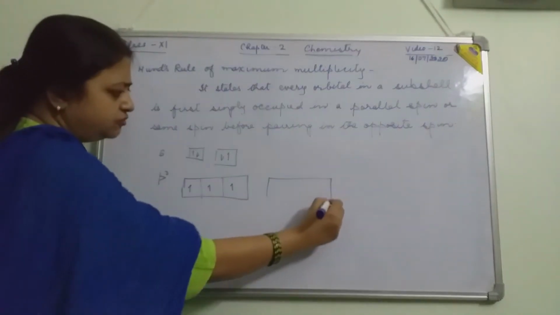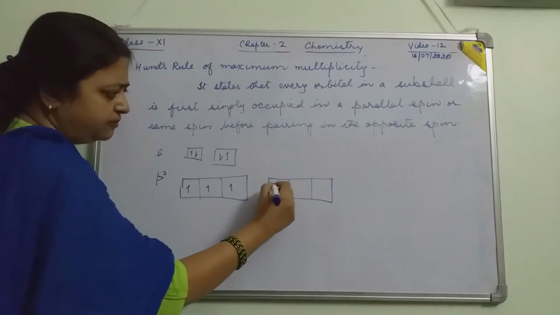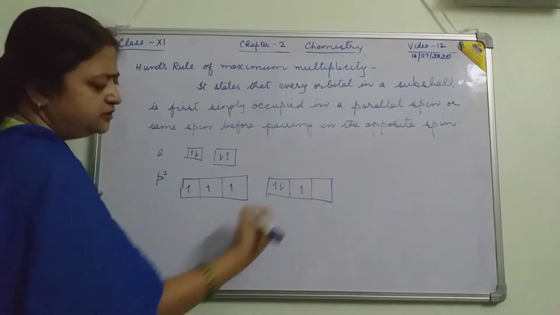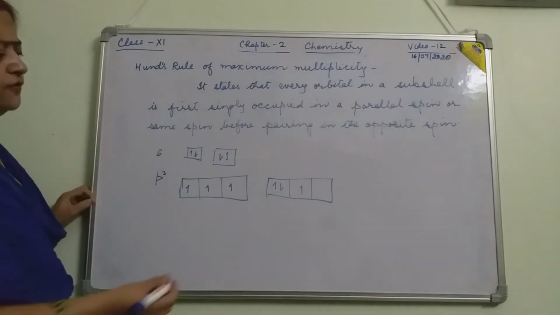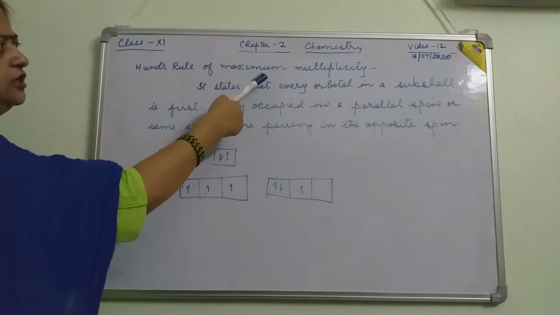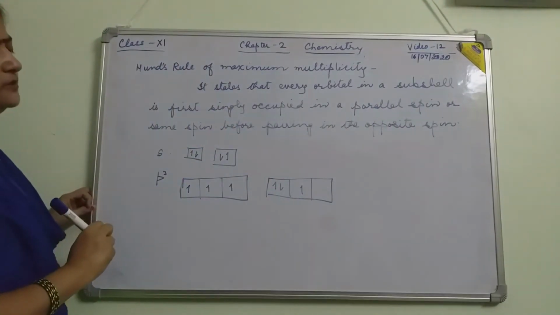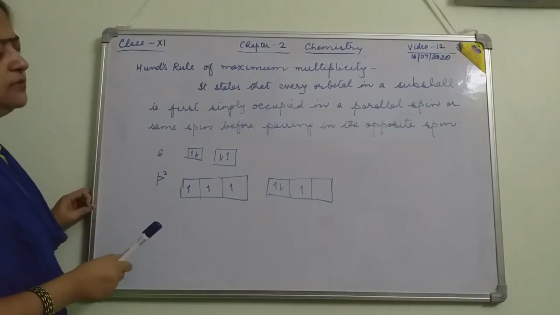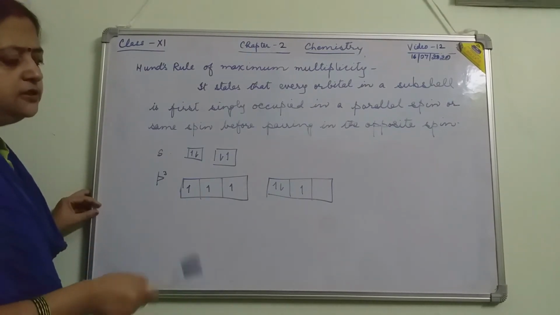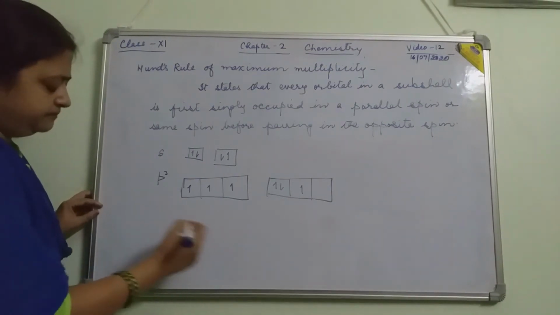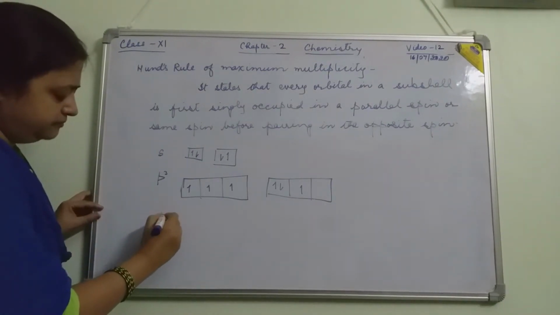This is the wrong way of filling orbitals, with 2 orbitals and 1 orbital. You can fill the orbitals like this, but according to maximum spin multiplicity, the multiplicity must be maximum.